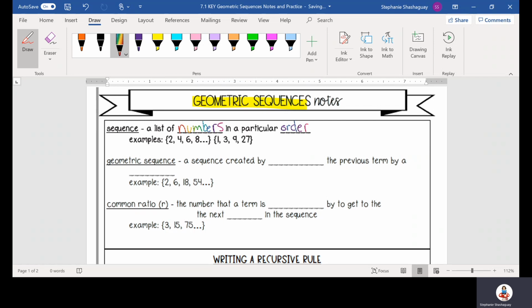Okay, a geometric sequence is a sequence created by multiplying or dividing the previous term by a constant.